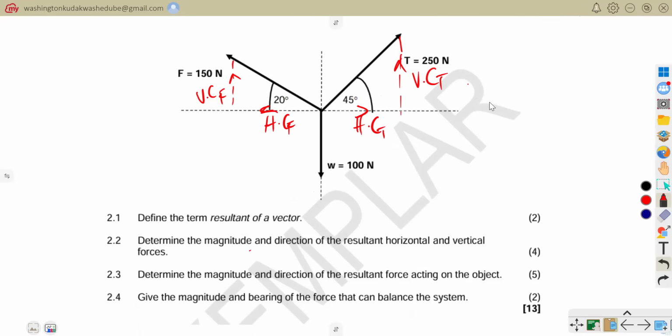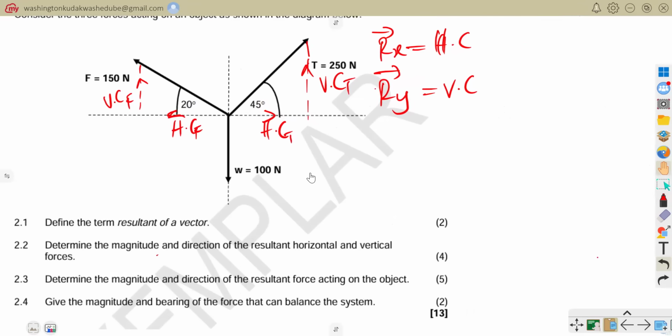Now, after doing that, we need to find the resultant in the X direction, which is the horizontal component. And then we need to find the resultant acting in the Y plane, which is the vertical component resultant. So that is what they mean there. So how do we actually do that?